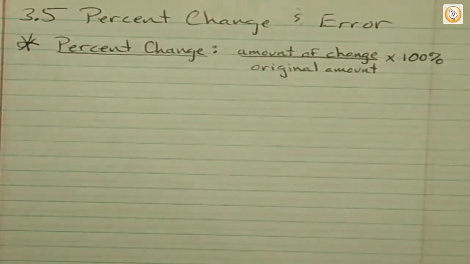Okay, so write that down. To find the % change, you need the amount of change over the original amount times 100%. Make sure you write that down nice and neat.